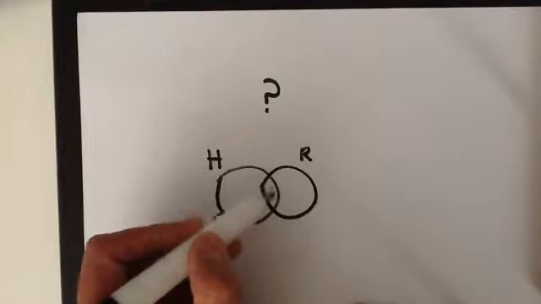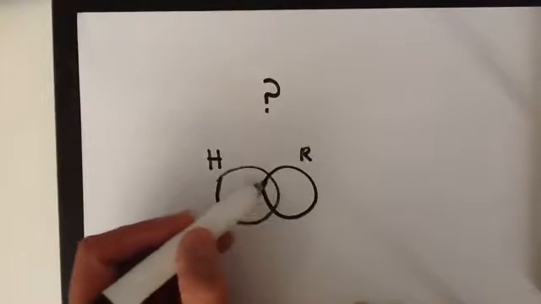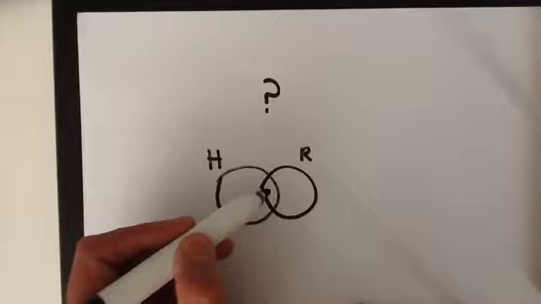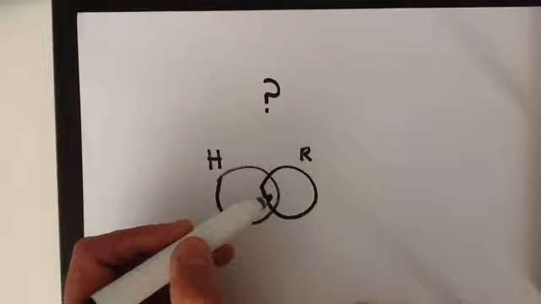because in here where the two circles intersect, those will be the hot rainy days.